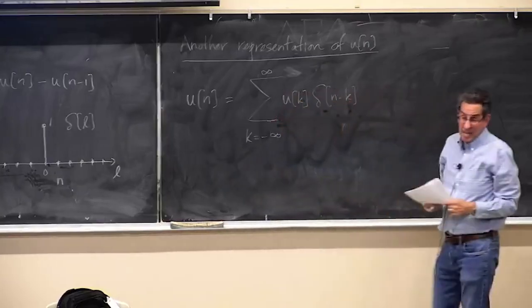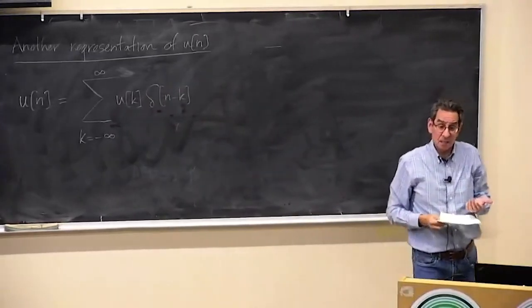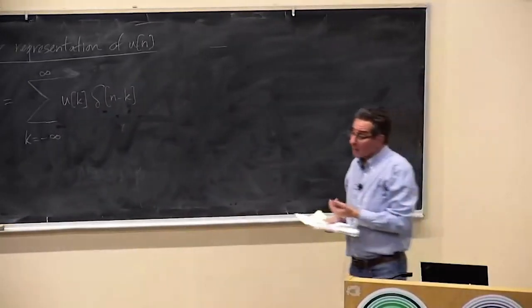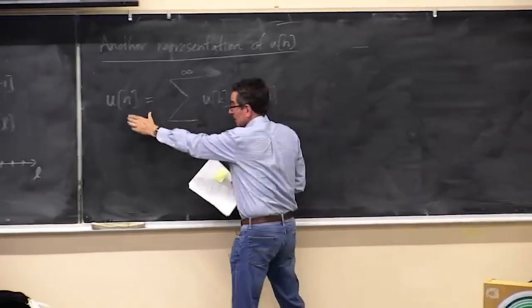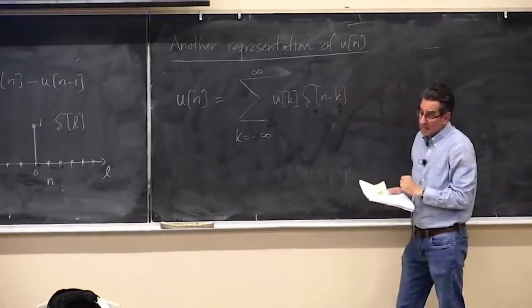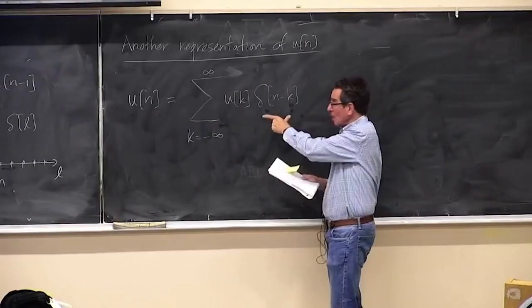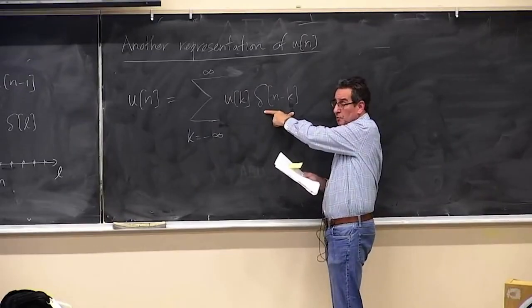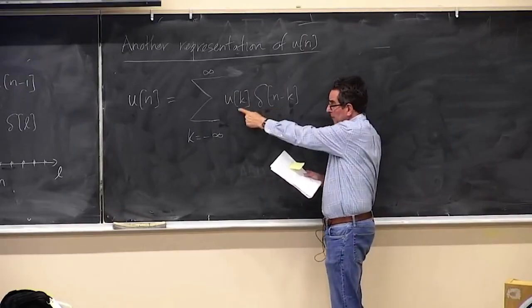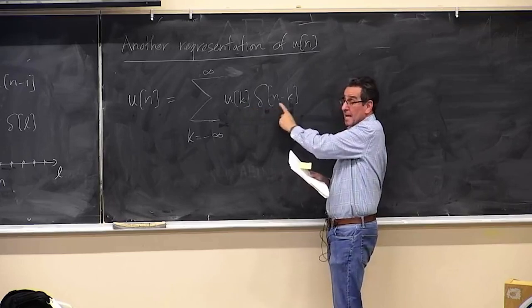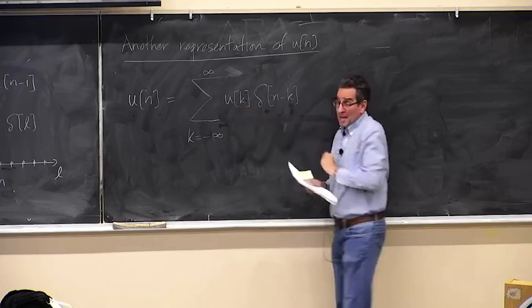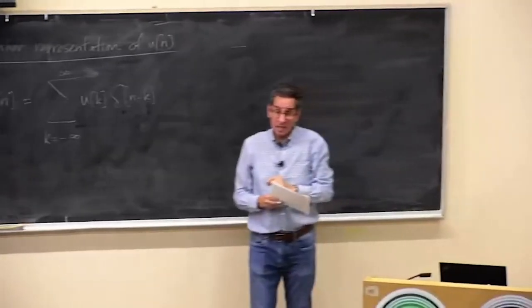So it seems like a kind of redundant way to express the signal. But what's important about it is that it represents this signal, u of n, as a sum of time-shifted impulses where the coefficient in front of the time-shifted impulse, if it's shifted by k, is exactly the value of the signal u at k.